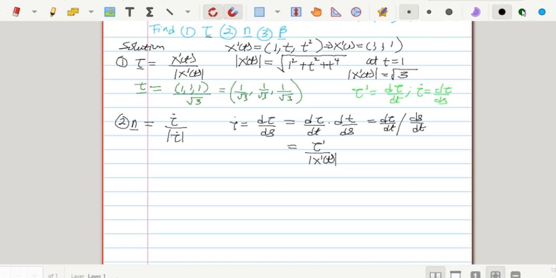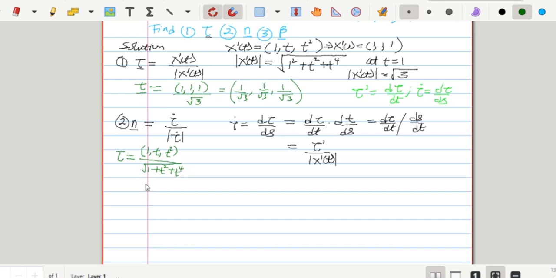So from question 1 we have tau to be equal to this over this, which is literally going to be (1, t squared) divided by square root of 1 plus t squared plus t raised to the power 4.